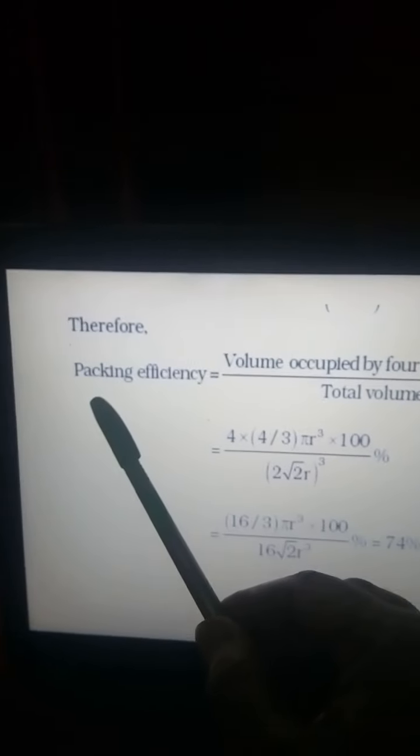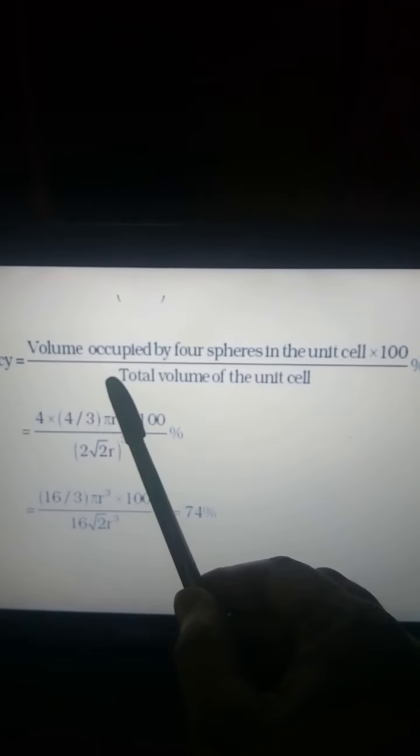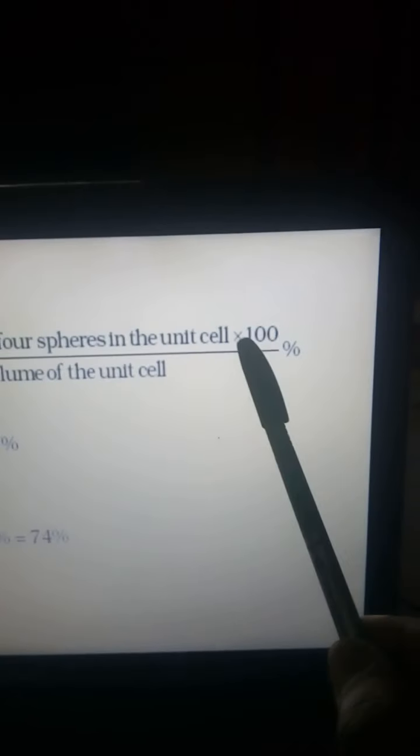Therefore we know the packing efficiency is equal to the volume occupied by 4 spheres in the unit cell divided by the total volume of the unit cell, into 100%.